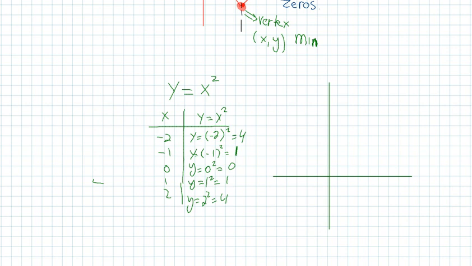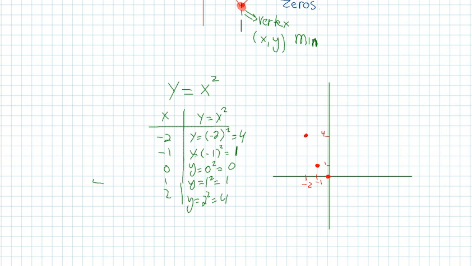Negative 2 and 4. So negative 2 is right here, and 4 is right here. Negative 1, 1. Then I have 0, 0. 1, 1.